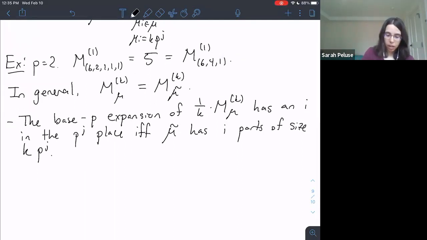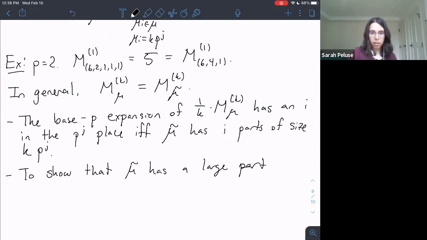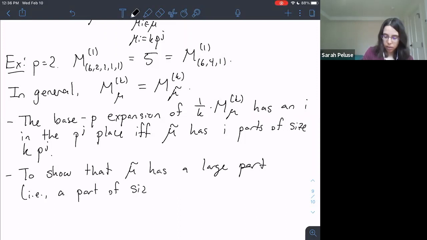To be more precise, by large, I mean a part of size a little bit larger than the expected largest part of a random partition.